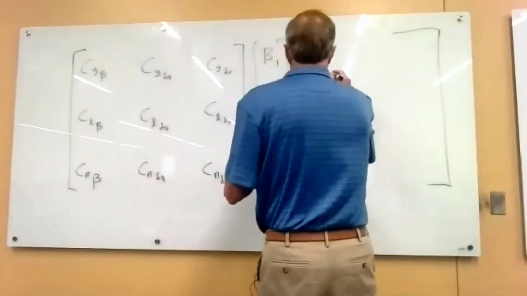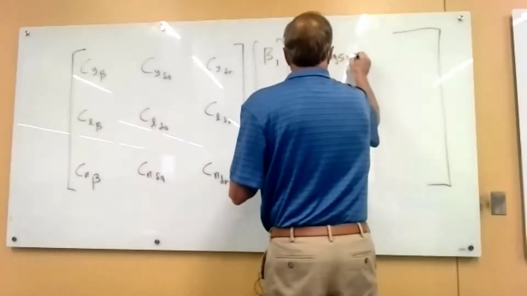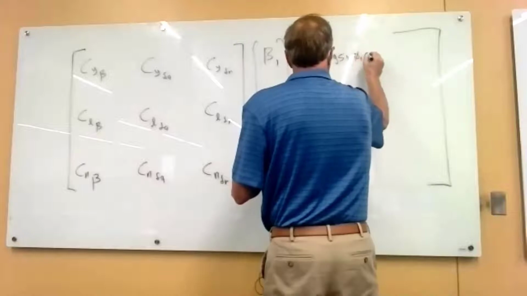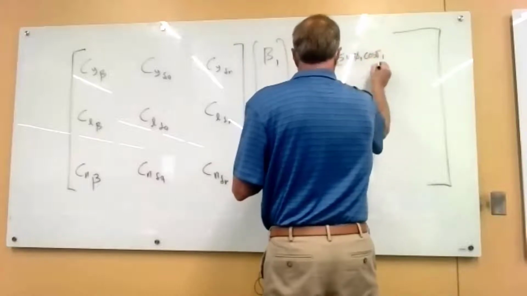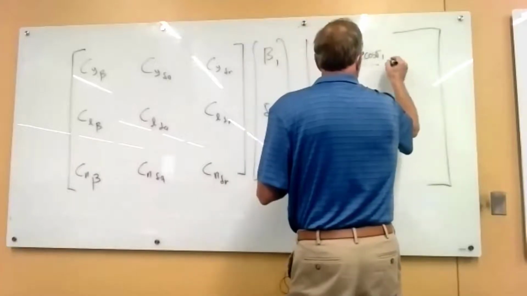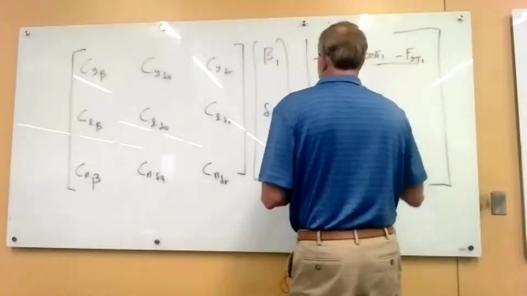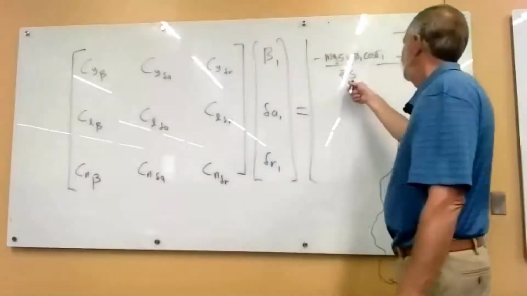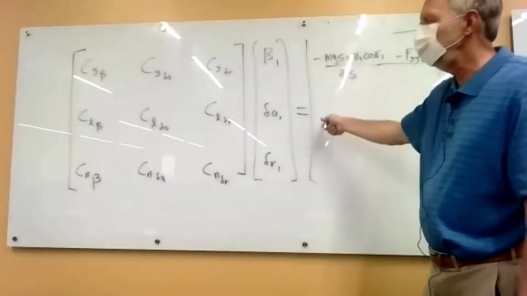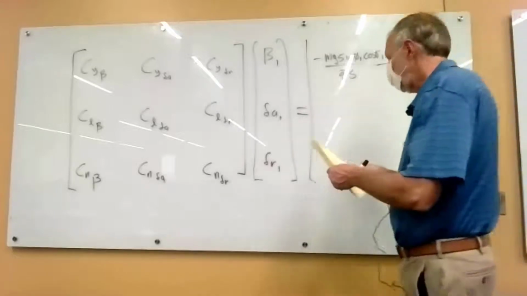Then the right-hand side has the leftover stuff that does not have any unknowns in it. Oh, and I divided the first equation by q bar S, the second equation by q bar S b, and the third one by q bar S b, just because it simplifies things.